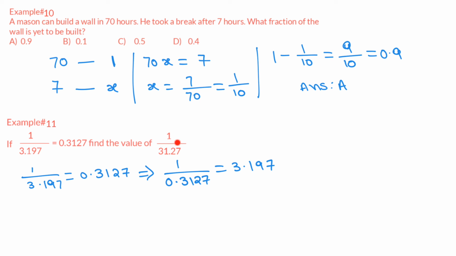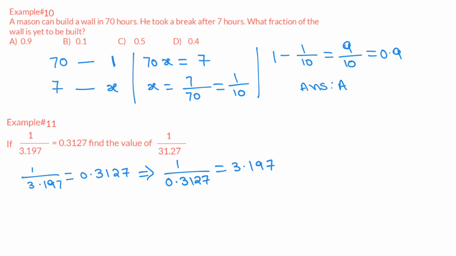You just observe this value. This is obtained by multiplying this denominator value with 100. If I am multiplying 0.3127 with 100, then it gives 31.27.